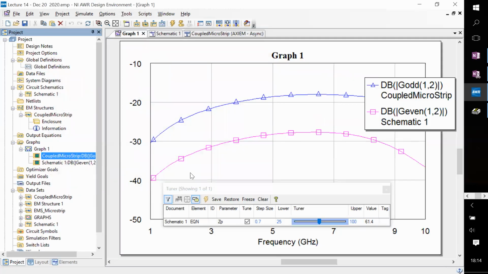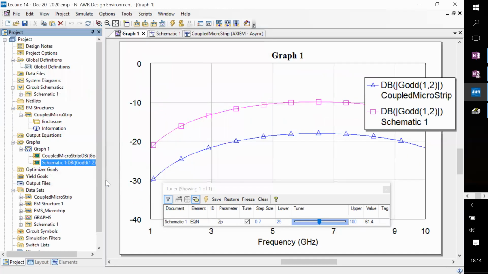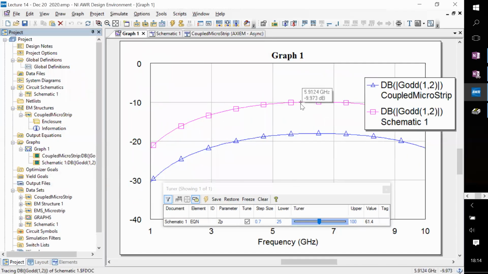Okay, so let's change both of them to odd. Wait a second, which one is which? Okay, blue was the one directly from the EM structure, and the pink is from the schematic. So now the pink is looking much worse. Just make sure it's set up correctly.